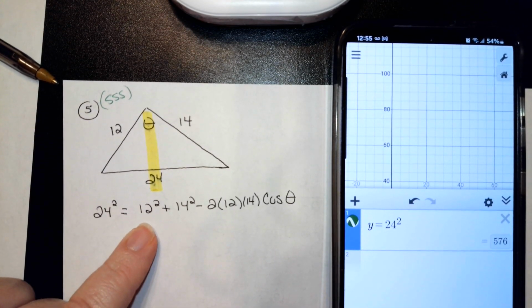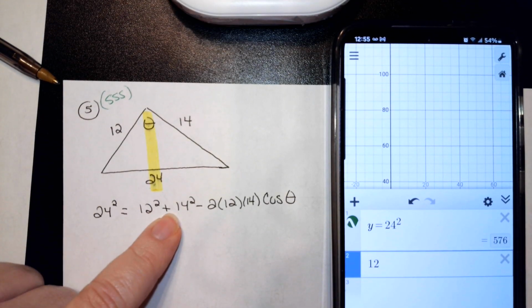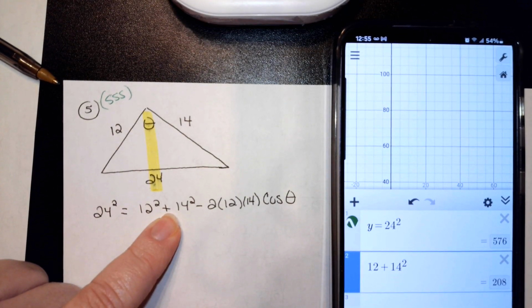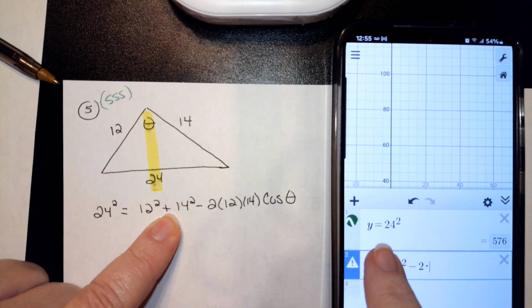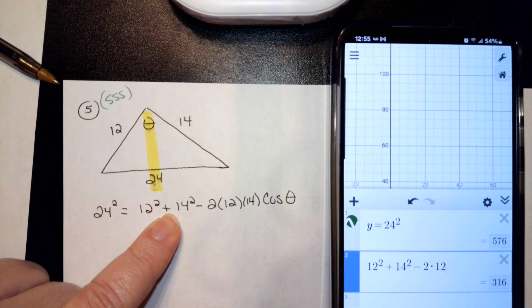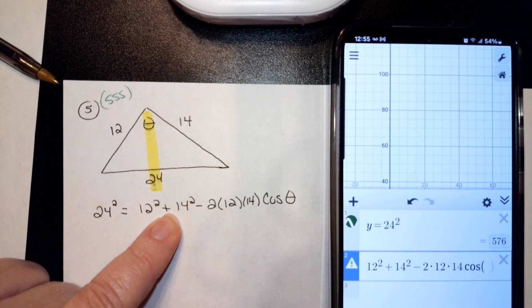And then we'll go to line 2, and we've got 12 squared plus 14 squared minus 2 times those values. So 2 times 12. Oops, there must be a square there too. Times 14 times the cosine of x.